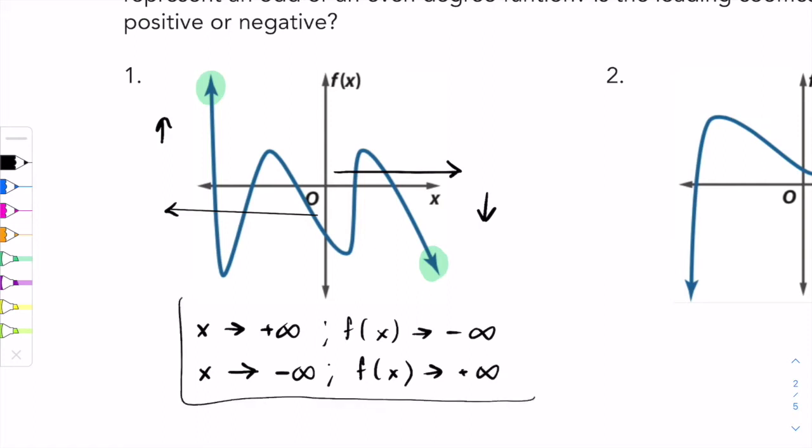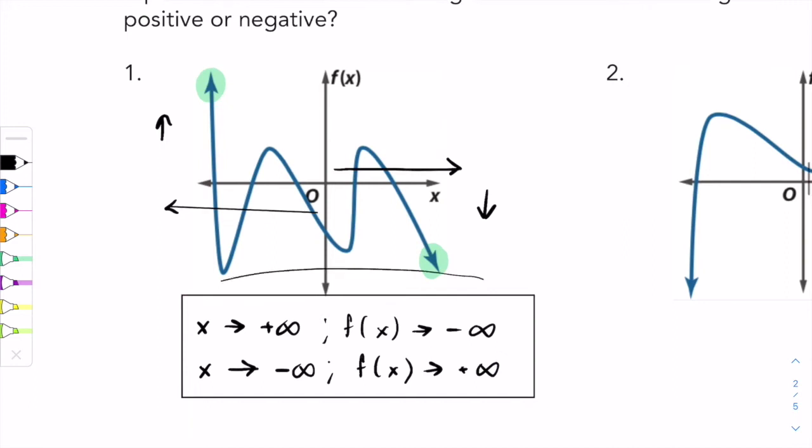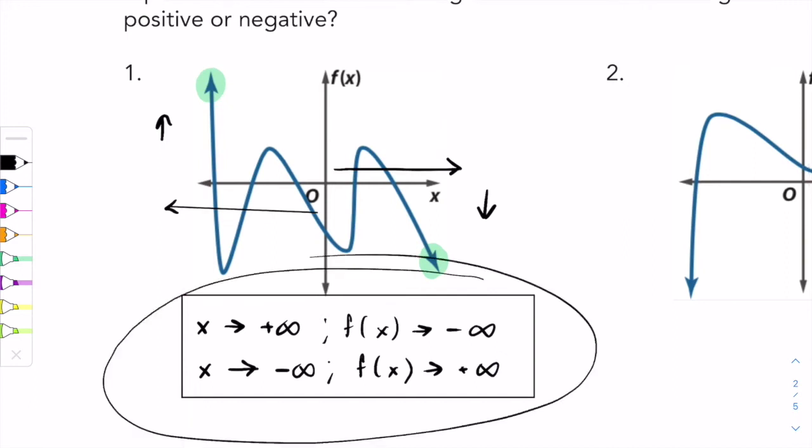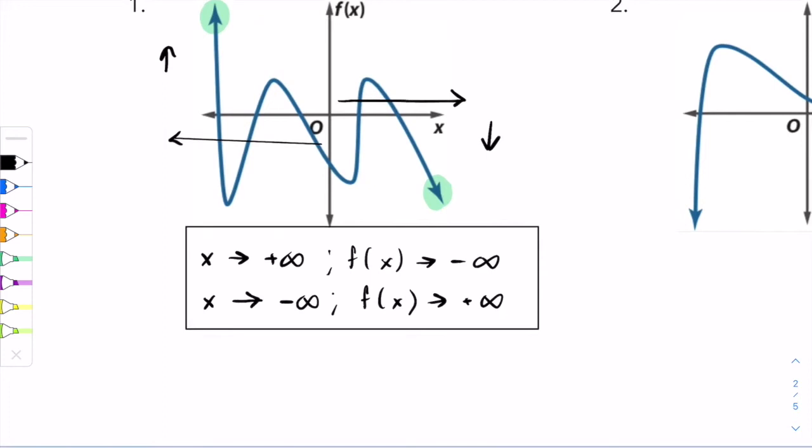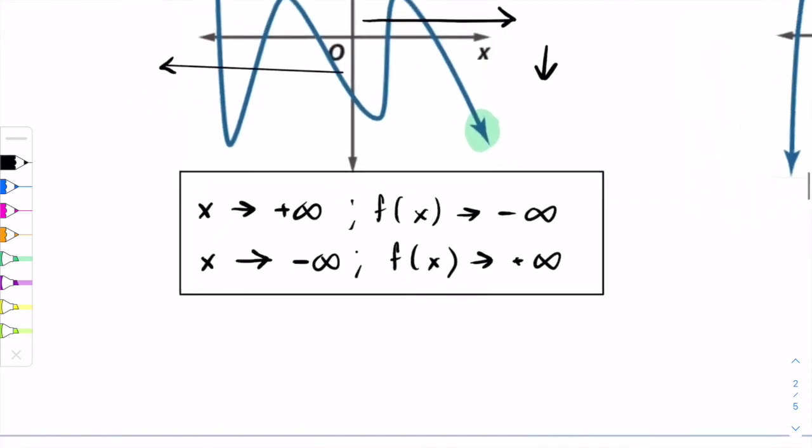Now I want everyone to look back at the chart we went over for end behavior and recognize that this matches when your degree is odd and your leading coefficient is negative, and that would be the bottom right corner of the chart. So this specific end behavior only has one outcome: the degree is odd and the leading coefficient is negative.